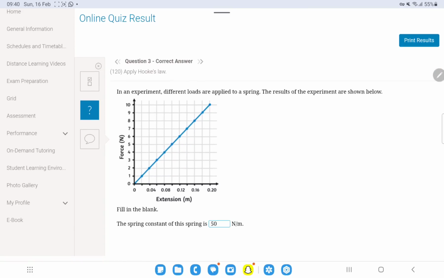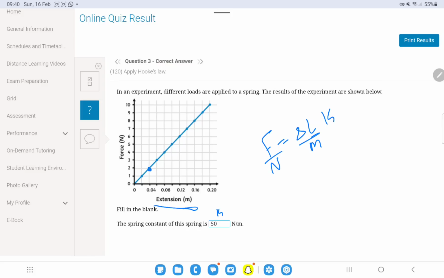Here they gave us this table with the force and extension, and they want the spring constant K. We know Hooke's law is F equals K delta L, delta L being the extension in meters, of course, and F the force in newtons.